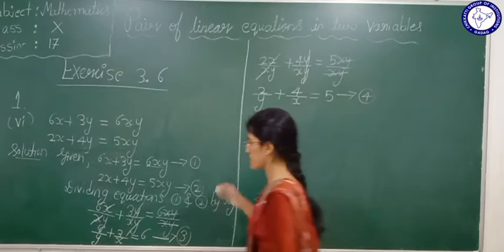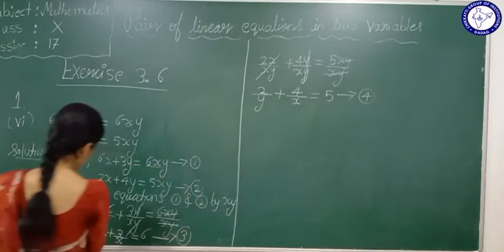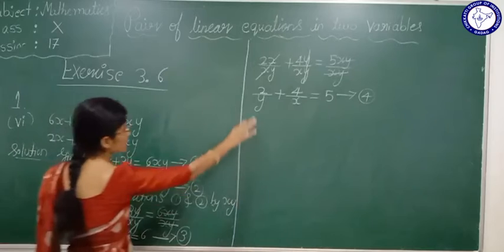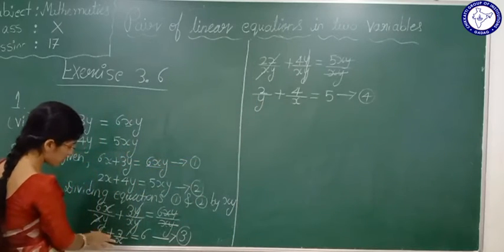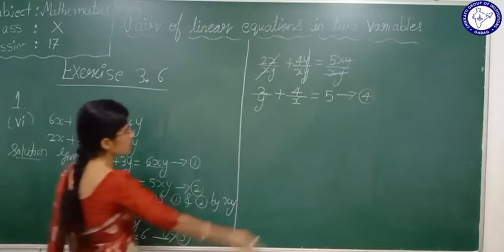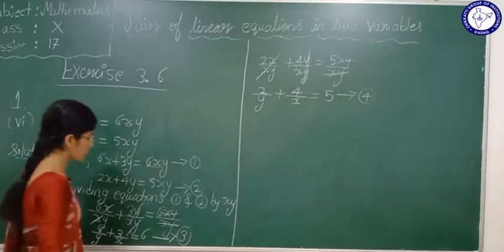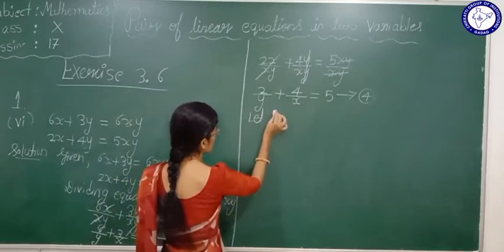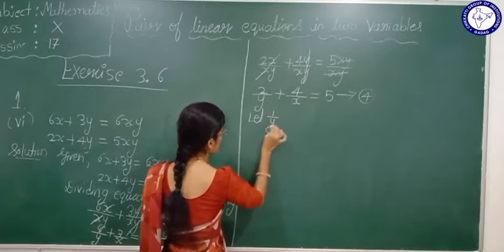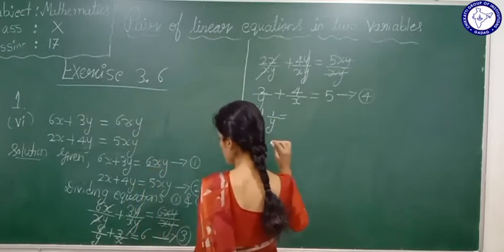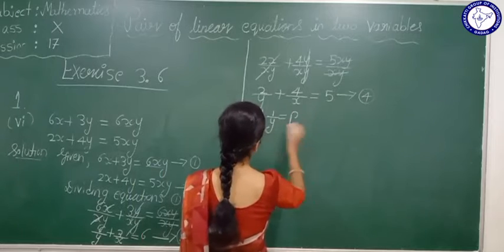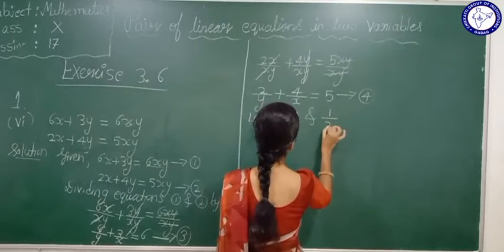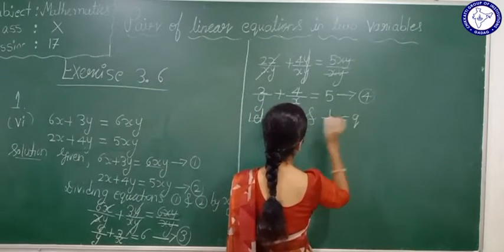See here, y is in the denominator, here also y is there. In the denominator x is there, here also in the denominator x is there. So what will we do? We will do some substitutions. 1 by y is equal to p, and 1 by x is equal to q.